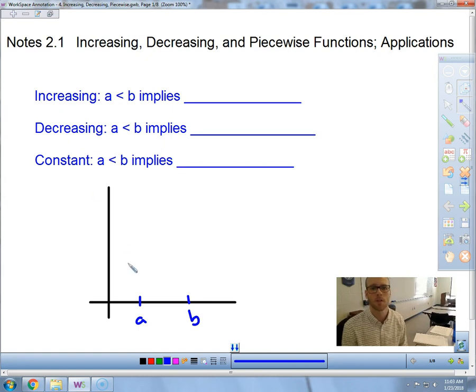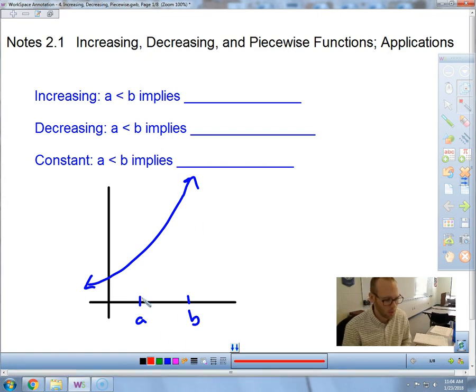Now, if the function is increasing, we know increasing to mean going up. So from left to right, it's going up. Let me just draw something that would look like that. So this function is an increasing function, from left to right. Now, how do I write that? A is less than b implies what?